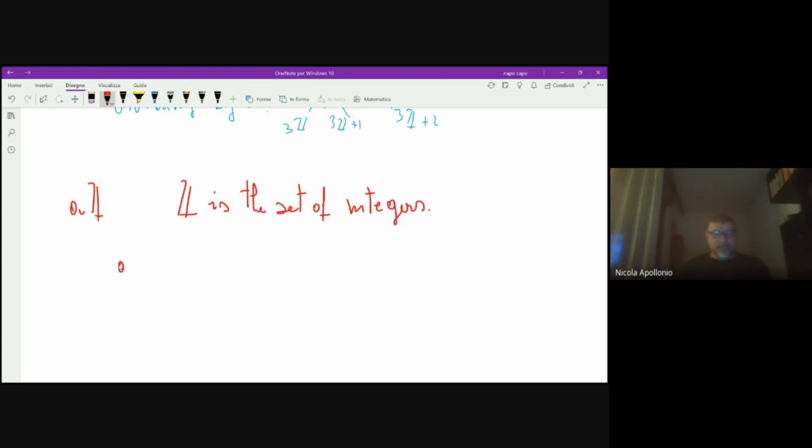So which is the definition of aZ? A is of course an integer, and it is just a set of the form. I would like you to say in your mind what aZ is, after the terminology we introduced today.